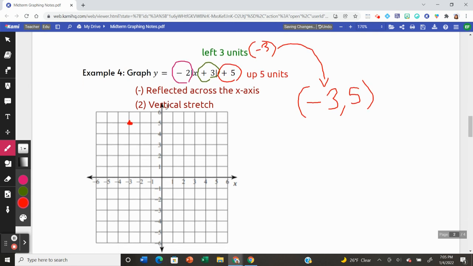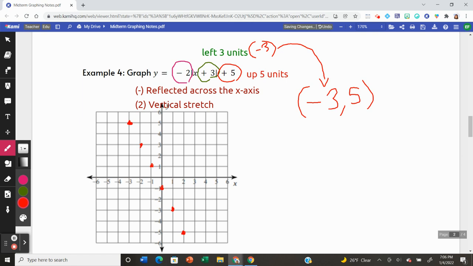And then like we were explaining before, our A value is going to tell us how to move from there. It tells us what our slope is. So since our graph got reflected across the x-axis, it means it's going to be opening down. So for my stretch, I'm going to be going down 2 from the vertex and over 1. Down 2, over 1, down 2, over 1, all the way across the plane of our function.